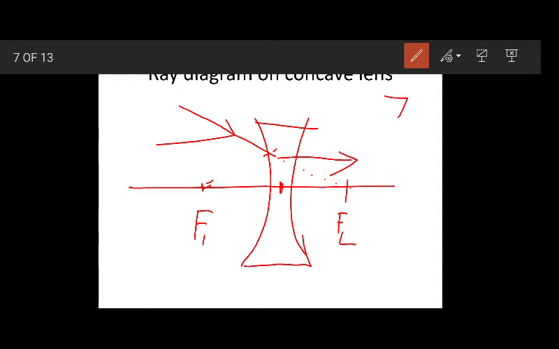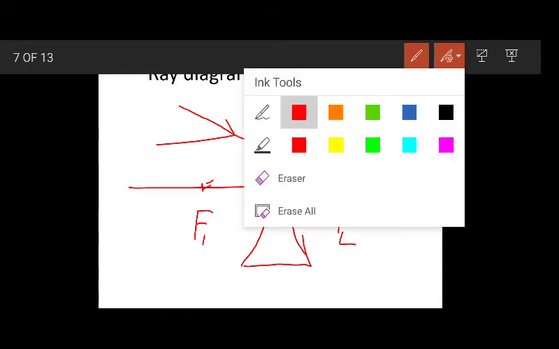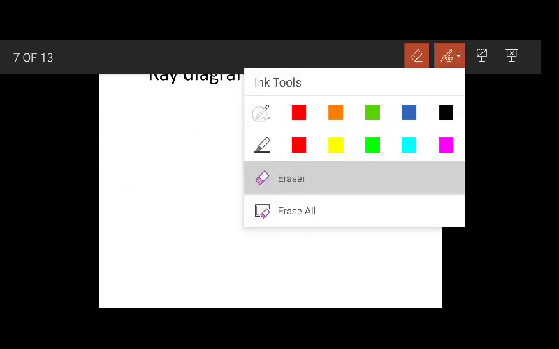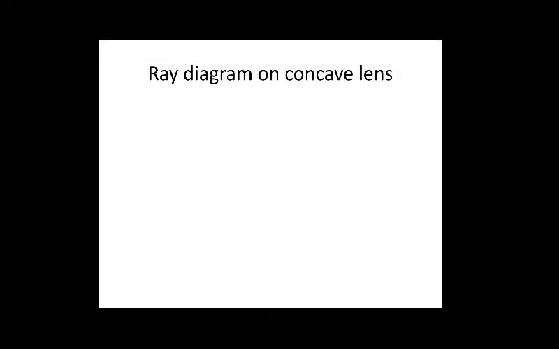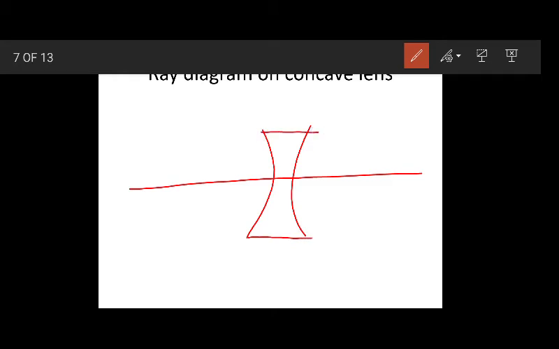So finally I am drawing again in a very easy way. That is the optical principal axis, that is the lens, this is optical center O, principal focus 1, principal focus 2.